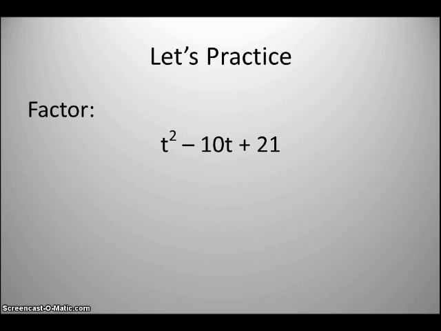Now let's look at this one. I have t squared minus 10t plus 21. This positive sign in front of the 21 tells me that my signs are going to be the same. This negative in front of the 10 tells me that they're both going to be negative.